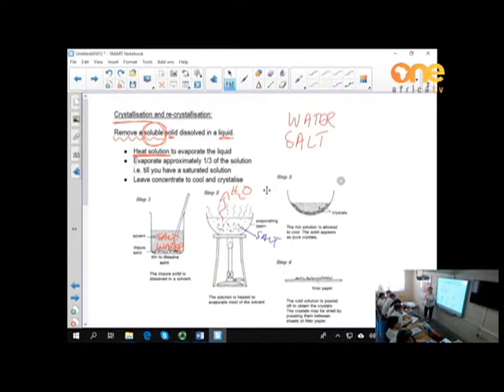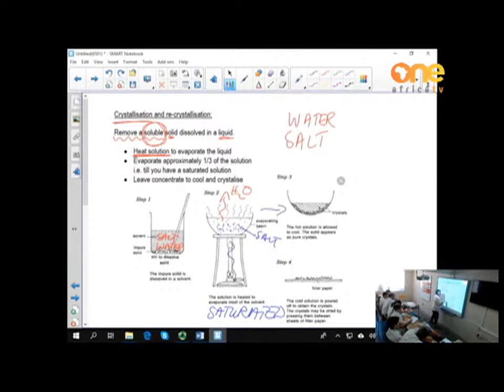But also, as we heat up the solution, the stuff becomes more soluble. At a certain point, when you've evaporated usually about a third of the solution, you will have what we call a saturated solution. It means no more can dissolve. Now you remove the heat source.